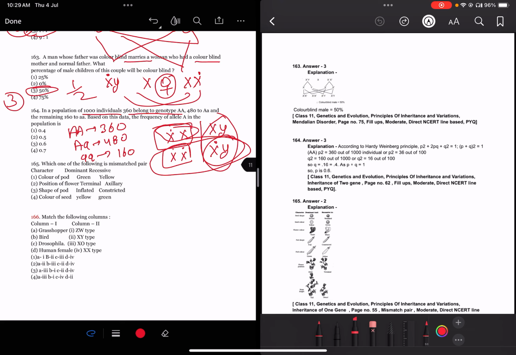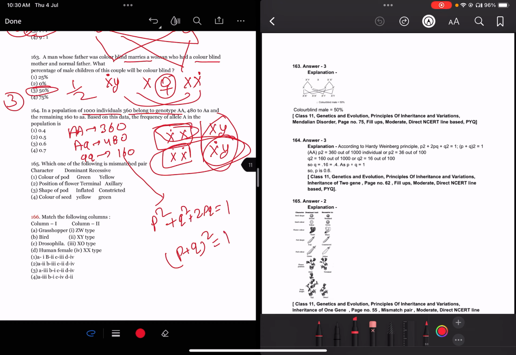Based on this data, the frequency of allele A in the population is asked. We should know the Hardy-Weinberg formula. You can apply the formula directly: p squared plus 2pq plus q squared is equal to 1, and p plus q is equal to 1.